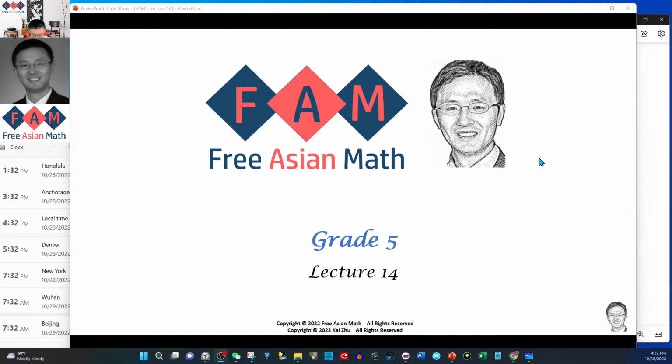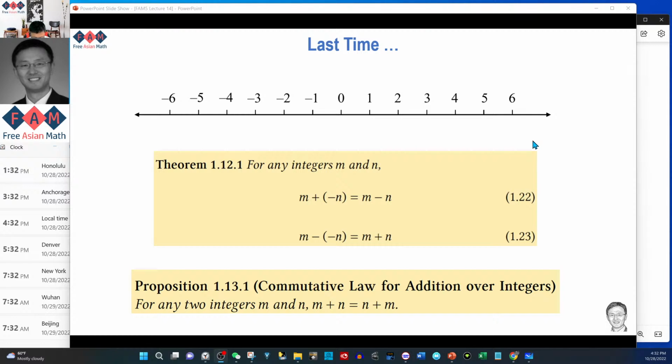And let's quickly discuss what we learned last time. Last time we established some theorems and discussed the commutative law for addition over integers.